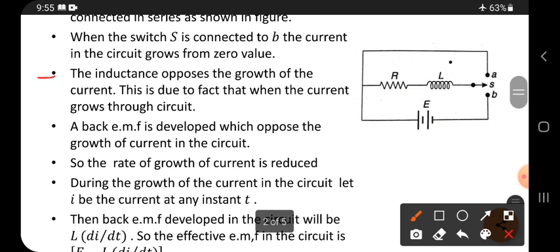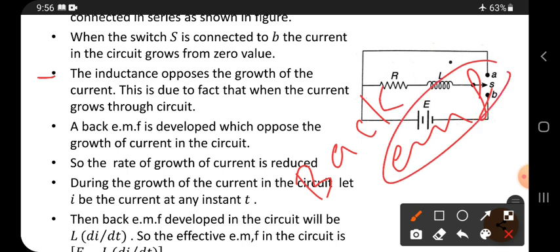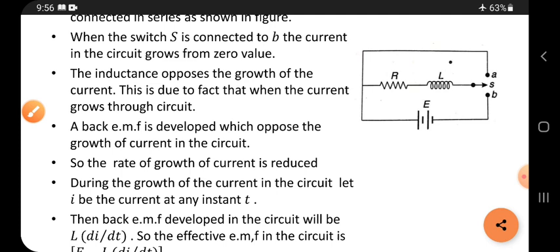The inductance opposes the growth of current. This is due to the fact that when the current grows through the circuit, the inductance acts as a back EMF, an electromotive force. So the inductor opposes the growing of current, which means it works to decrease the growth of current.